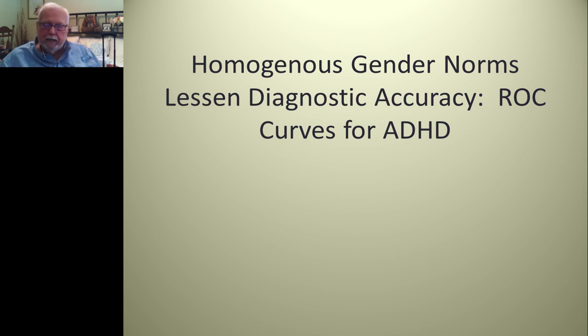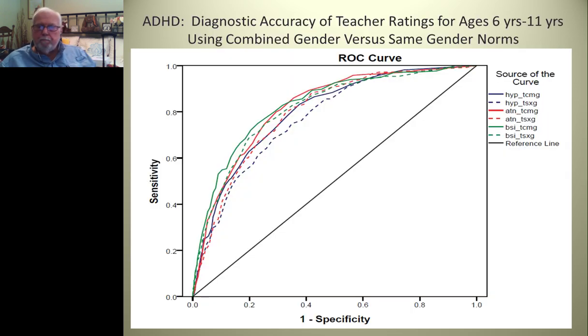So just to document that very quickly, let's look at diagnostic accuracy curves. Let's look at receiver operating characteristic curves for ADHD using both homogeneous and combined gender norms. I don't have a pointer on this particular webinar format, so I'll just call your attention to these. The solid color lines are the lines that depict the accuracy curves for combined gender norms.